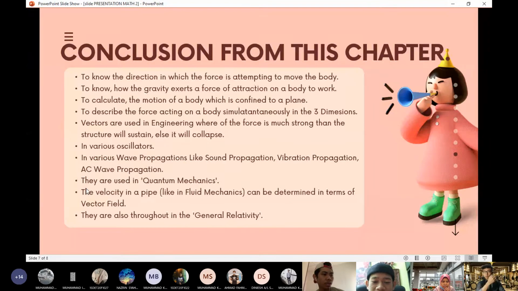They are used in quantum mechanics. The velocity in fields like fluid mechanics can be determined in terms of a vector field. And lastly, they are also used in general relativity. Thank you.